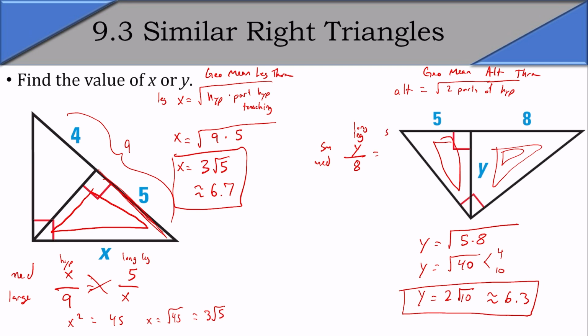And then I can do the short leg. For the small triangle, that's 5. For the medium triangle, that's y. Cross multiply. And you get the same answer. So two ways to do that.